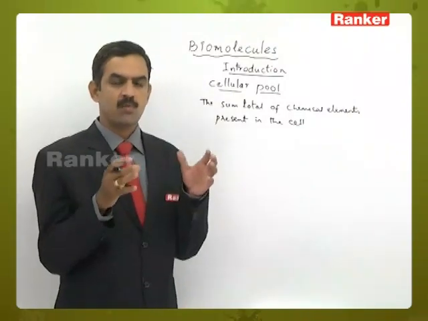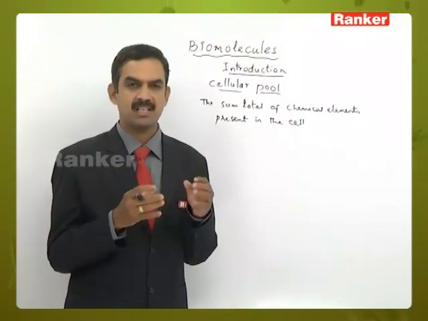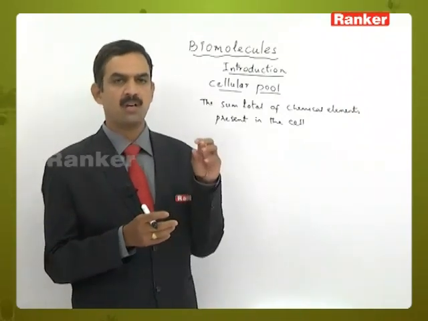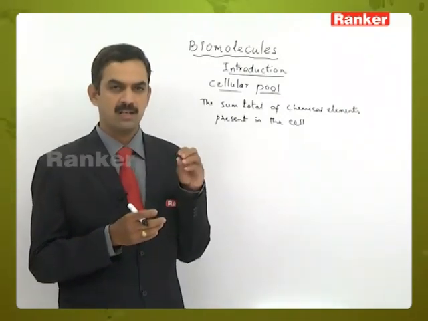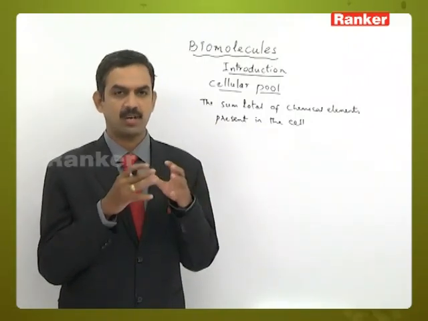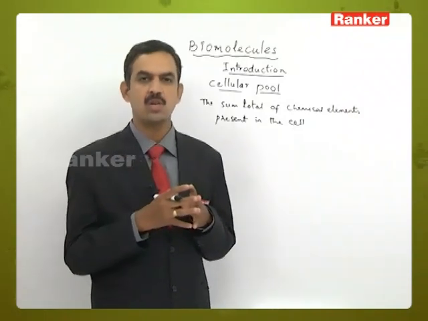That means whatever chemicals are present as a constituent part of a cell, that total number of elements or substances or molecules or ions, that entire structure is called a cellular pool.